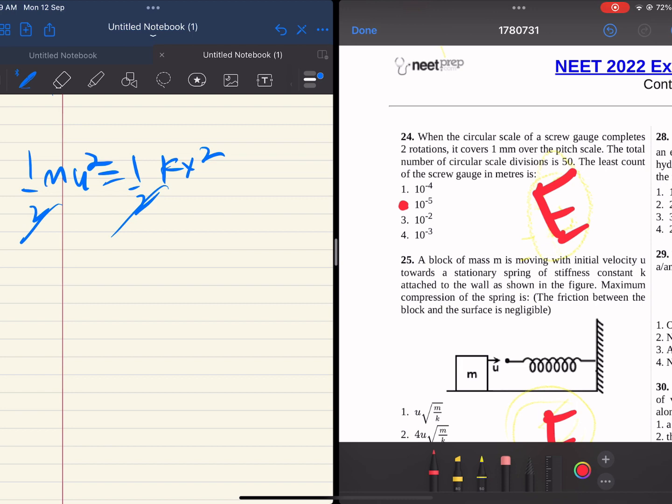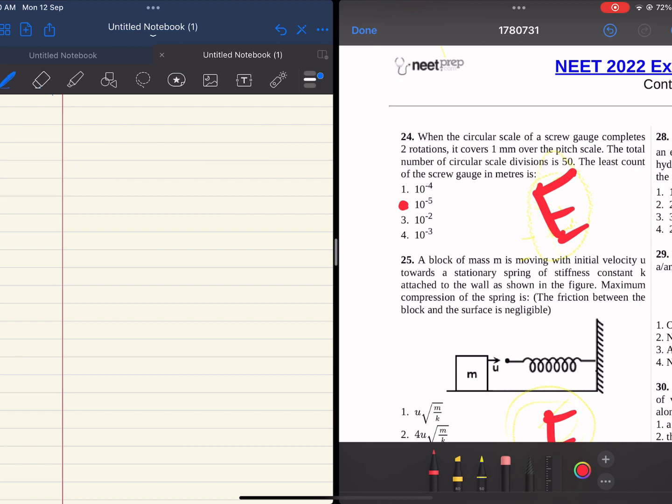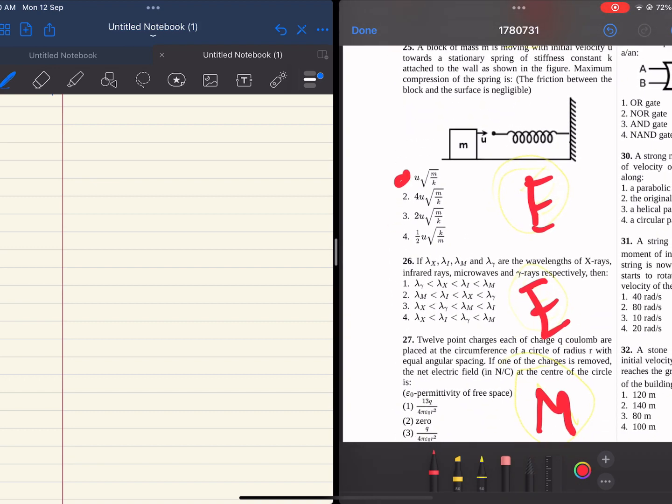That will be the time when there is maximum compression. So the initial kinetic energy, half m u square, is equal to the spring energy at the end, which is half k x square. So I get the maximum compression x is equal to u root m by k.